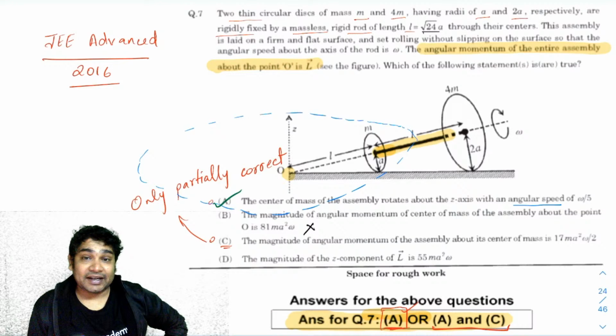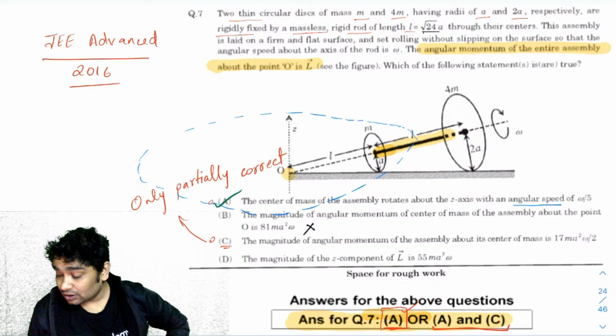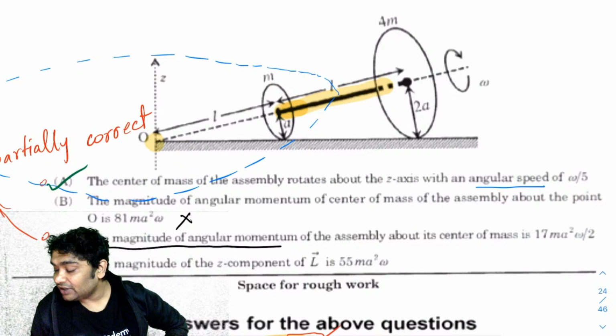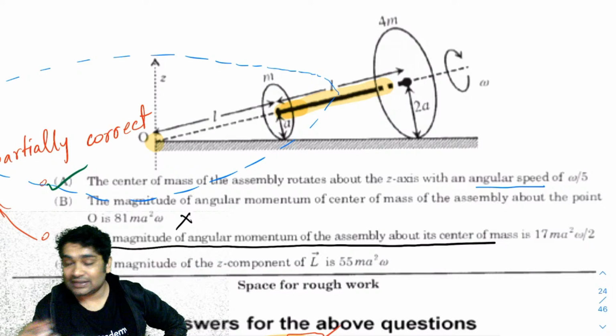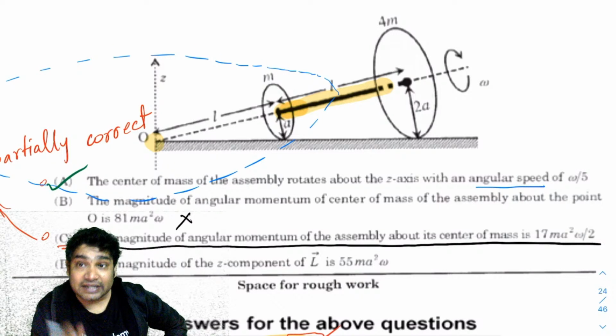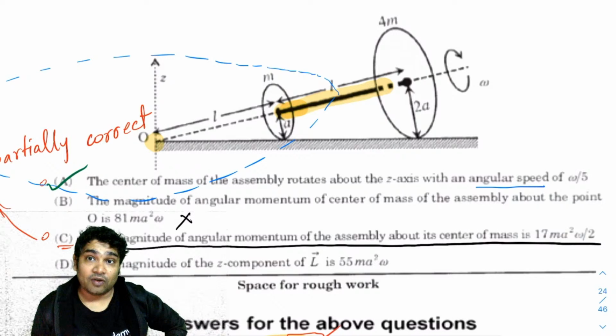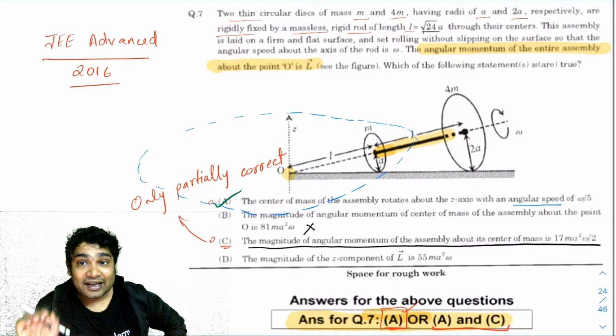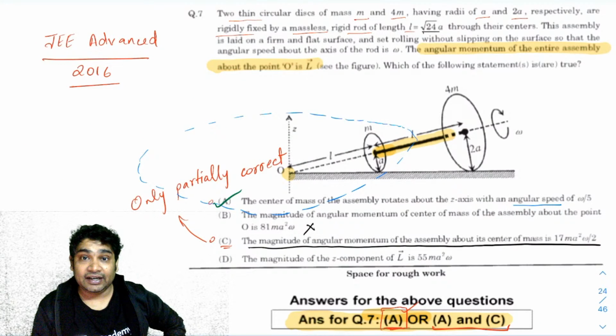Now comes the tricky part. The option C that says the magnitude of angular momentum of the assembly about its CM is this. So this is where most of the people went wrong. Wherever you see the solution, they have given this answer of this wrong. And that is why IIT says if you mark A, then that is definitely correct.